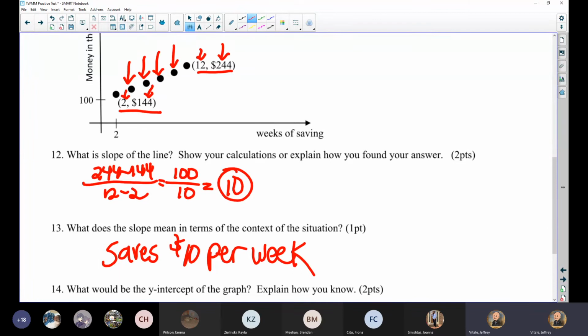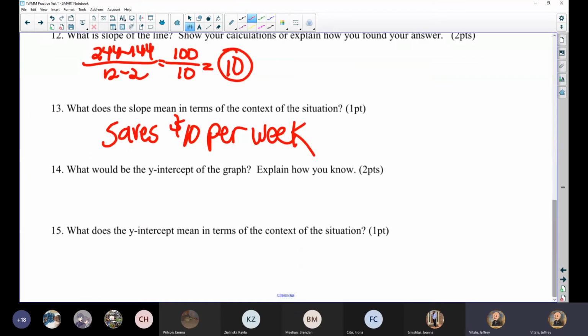Then it says, what would the y-intercept be? Well, again, since we don't have it on the graph, we could pick a point and plug it in, right? So let's use the first one, 144. So if we were to plug 144 in for y, 10 for the slope, because that's a slope, and the coordinate is 2 for x. 2 times 10 is 20.